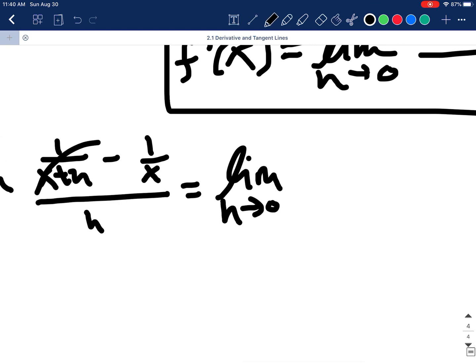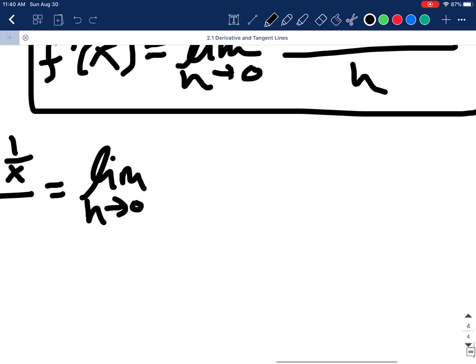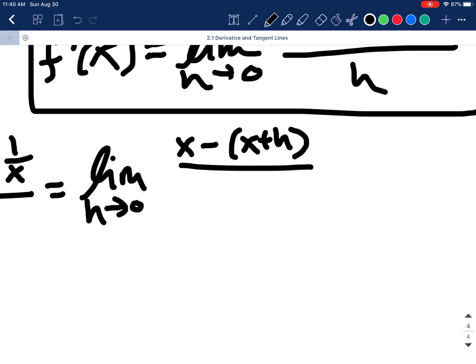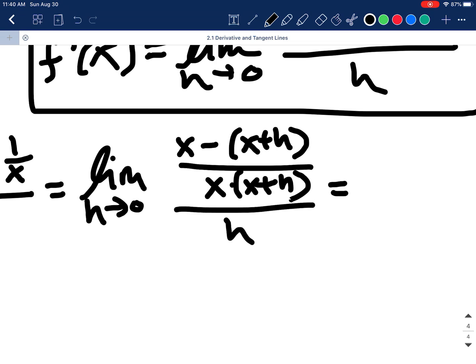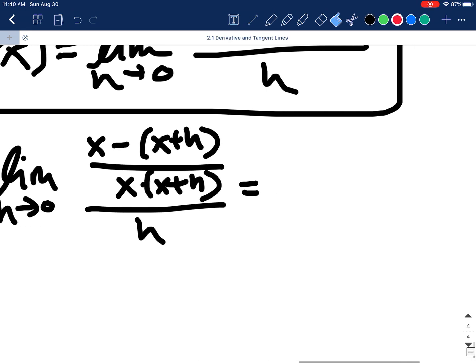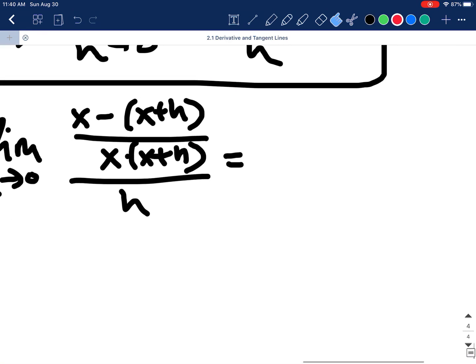So we're going to rewrite our first difference quotient by finding a common denominator. So we'll have x minus x plus h all over x times x plus h all over h, which is going to nicely reduce. Oh, x's will cancel.